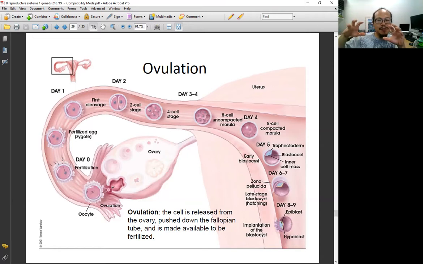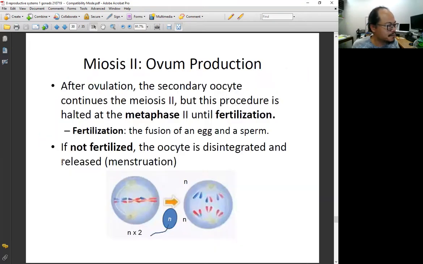Remember that the first meiosis is completed right before the ovulation, but it still needs to complete the second meiosis. So the second meiosis only happens after the fertilization, after the sperm knocks on the door. That's the picture right here.